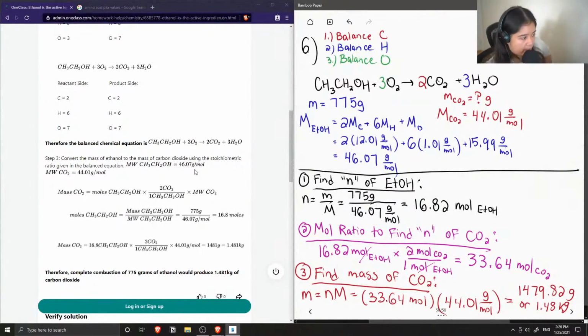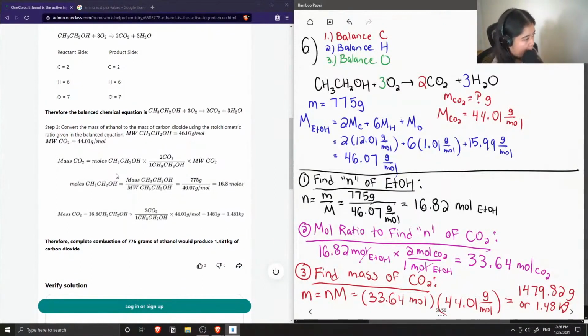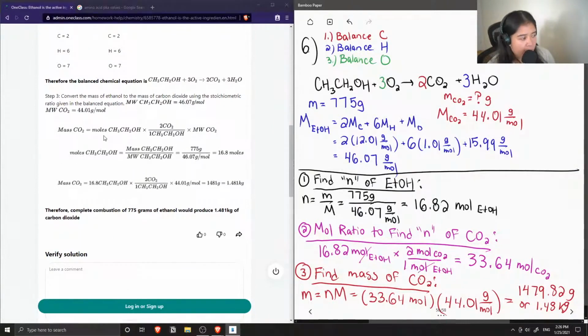So they balanced it correctly. Now they want to convert the mass of ethanol to the mass of carbon dioxide using the stoichiometric ratios given in the balanced equation. They have the molar masses for both, and they did it in one step.